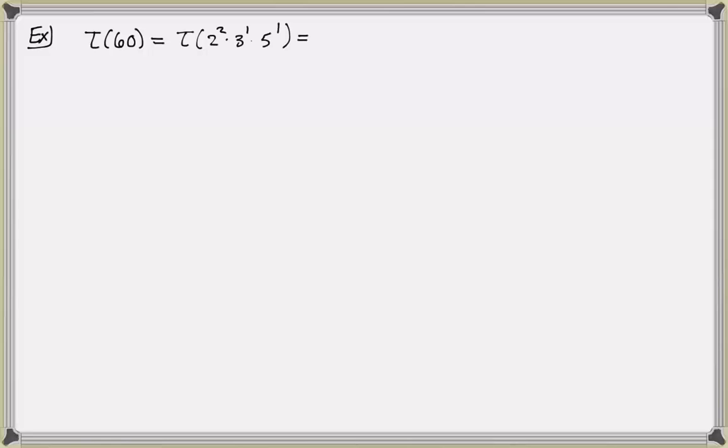So by the formula for tau, we see that this must equal 2 plus 1 times 1 plus 1 times 1 plus 1, and 3 times 2 times 2 is 12. So 60 has 12 positive divisors.